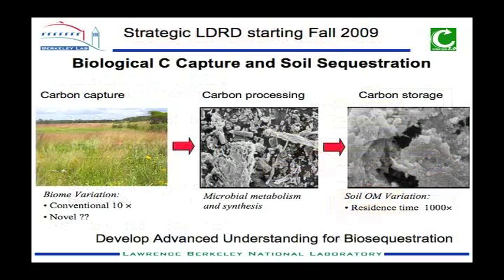So just in picture form, carbon capture occurs by photosynthesis. Microbes are involved in changing that carbon into other forms. And eventually, if it works well, you want to have that stored as organic matter in soils in a stable form that will stay there for a long time.